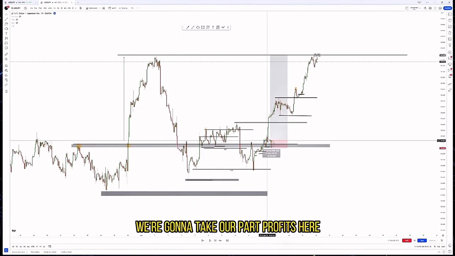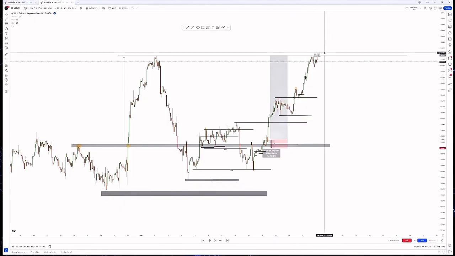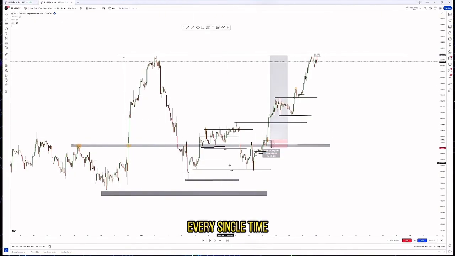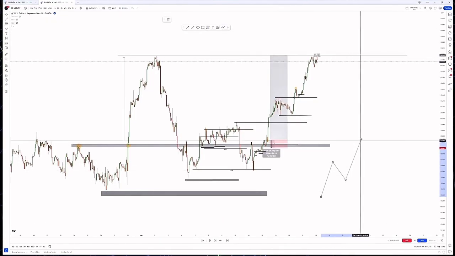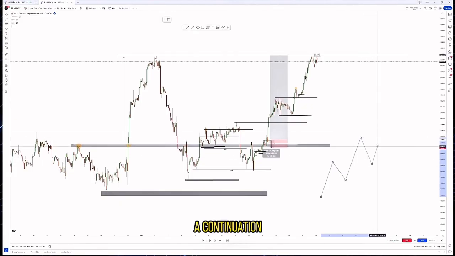It's going to repeat the same thing every single time. We're going to take our profits here. It's going to tell you what it wants to do every single time. And now we wait, because remember, back in the beginning of the video, price moves in the trend. So there's an indication, a correction, a continuation.